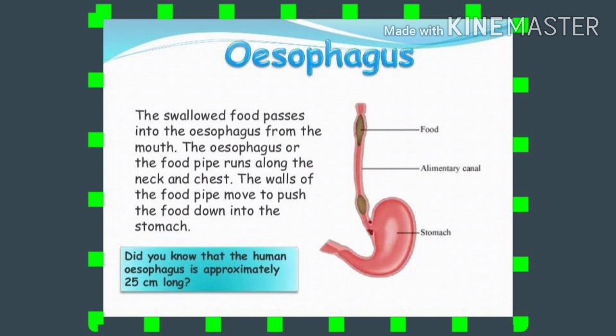And the human esophagus, it's a fun fact, you should know this, is approximately 25 centimeters long. So you can imagine how long it is. And then this esophagus reaches the stomach. So let's move on to the stomach now. You can pause it and write and draw the diagram, and then we'll move on to the stomach.